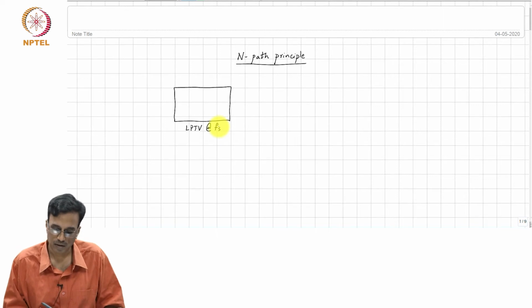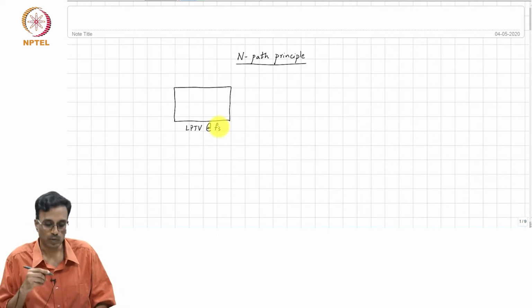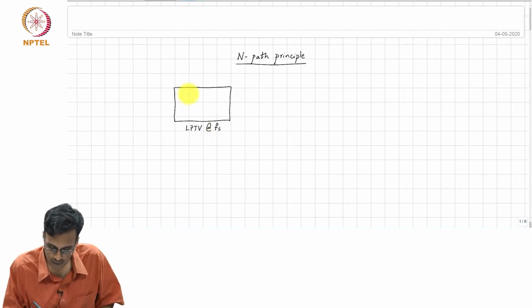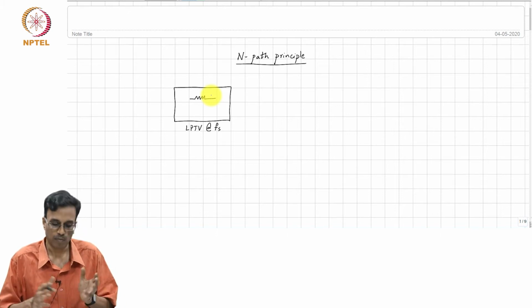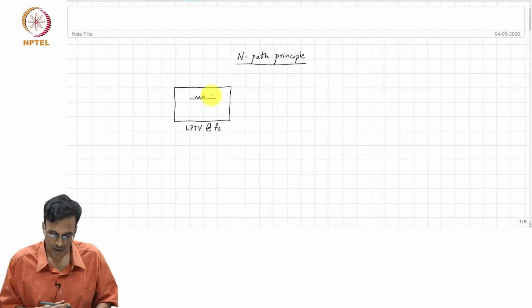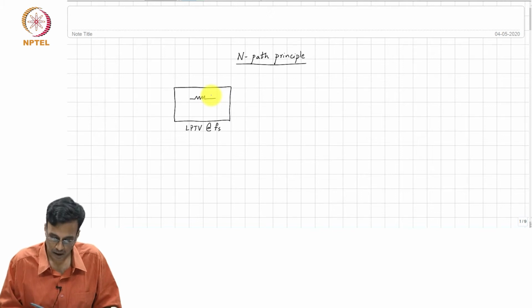It is time varying at a frequency Fs, and for argument's sake, let us say I am going to just show one resistor which is varying with time, but in general they can have multiple conductances inside which are all varying with time with the same frequency, of course.